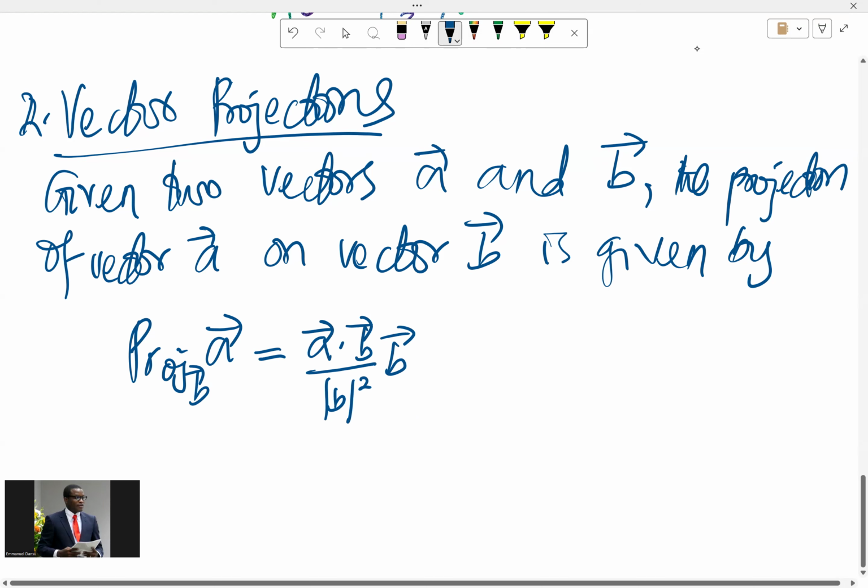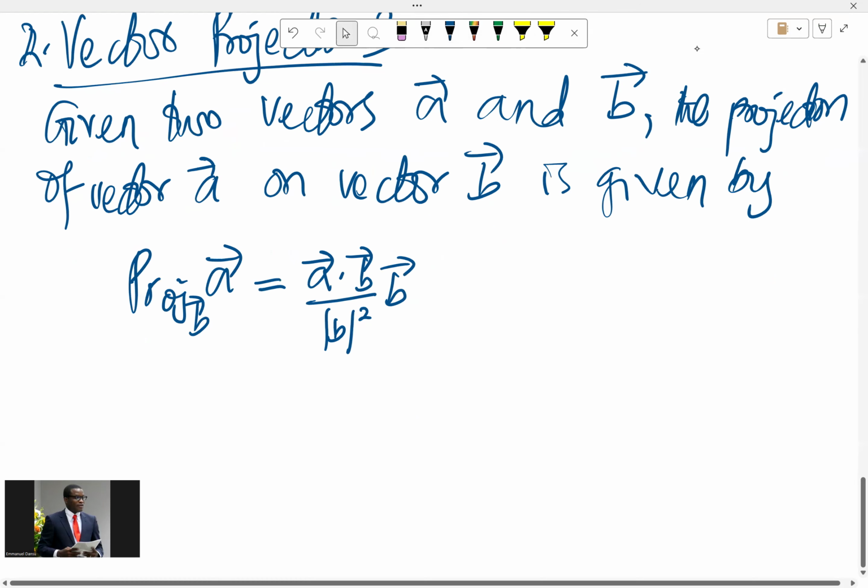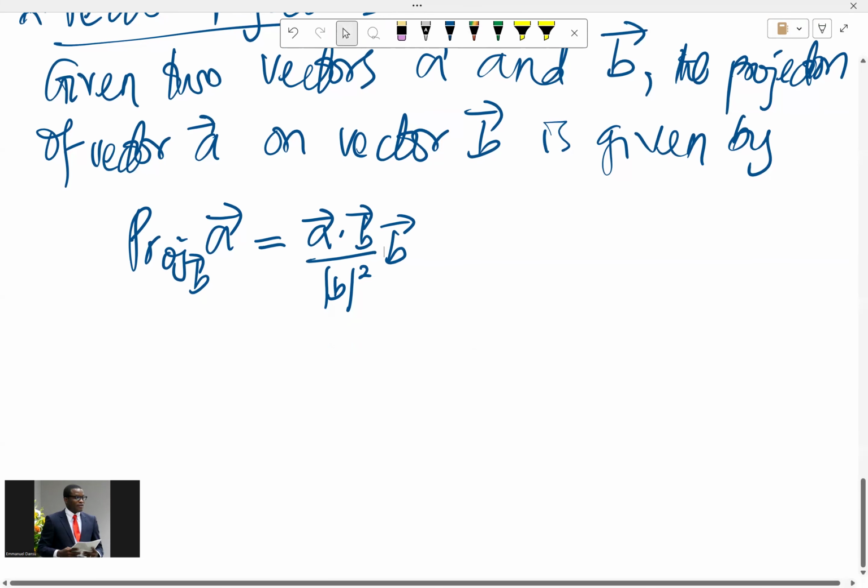So if you're projecting B on A, let me just do that.